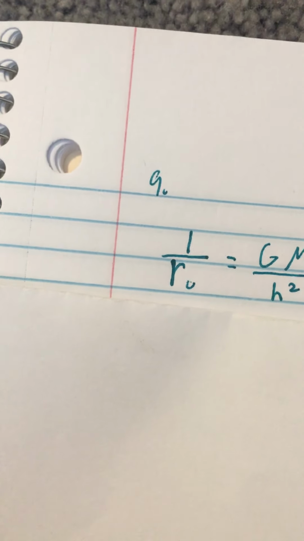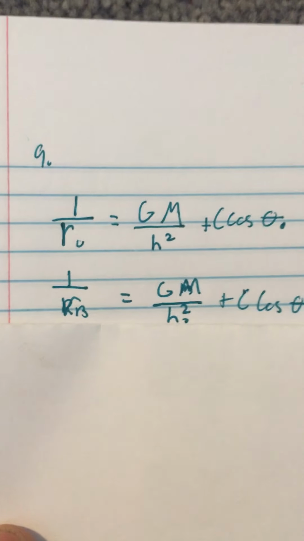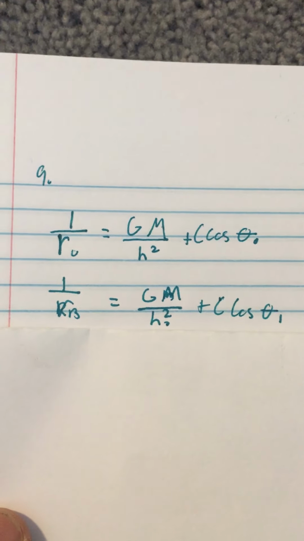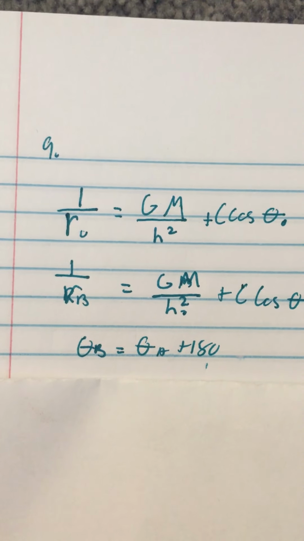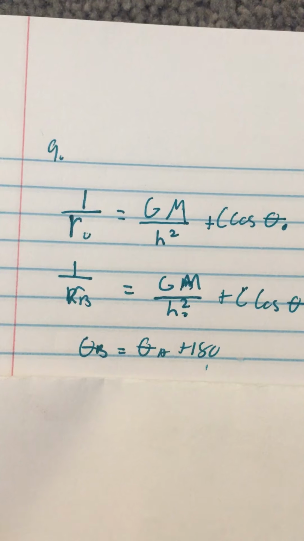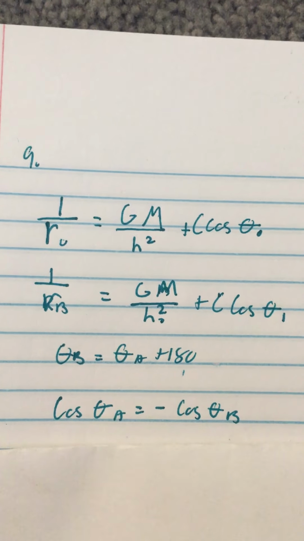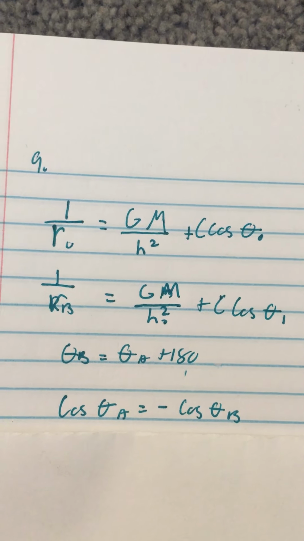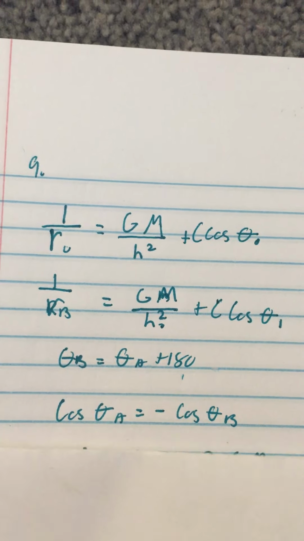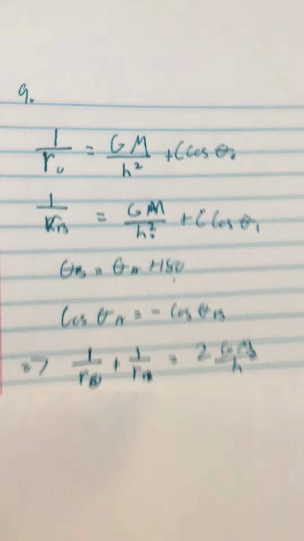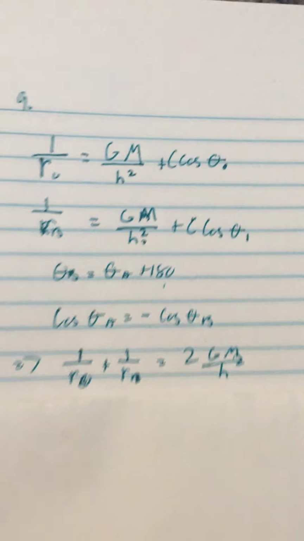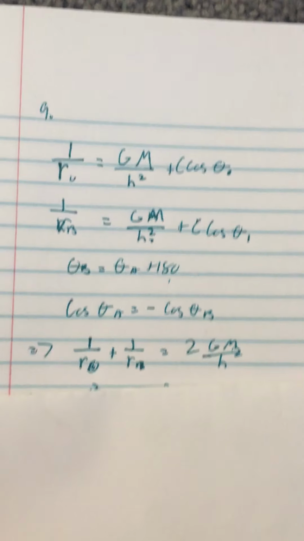So we start with what we know for this initial point, for this R initial, and then we have this RB that we have, so that's going to be the other side. We know theta B equals theta A plus 180, and then we can conclude that cosine theta A equals negative cosine theta B. That allows us to add together and set up this equation here, much like we did in the last problem.